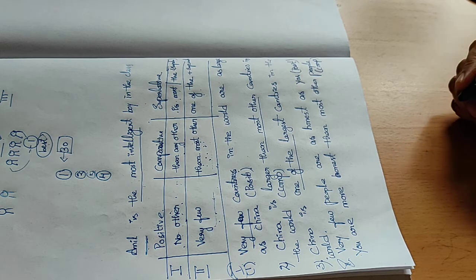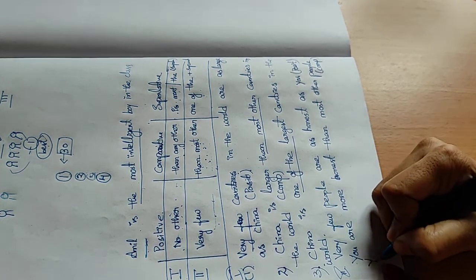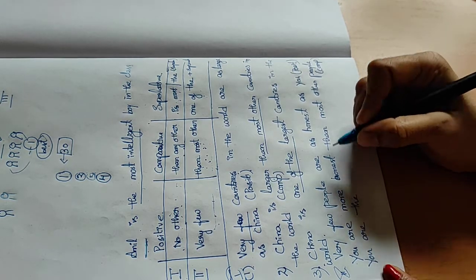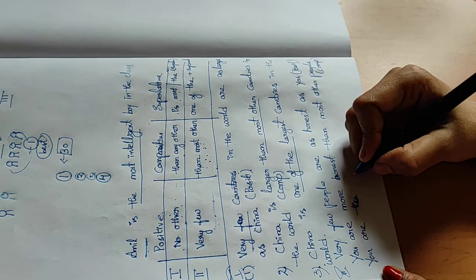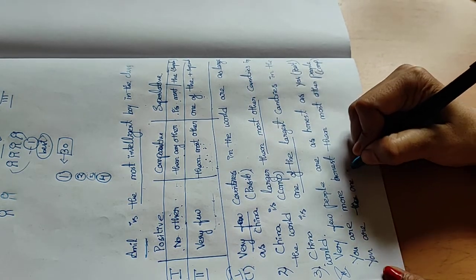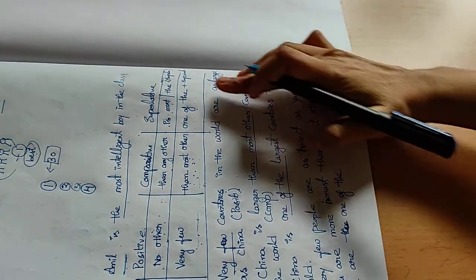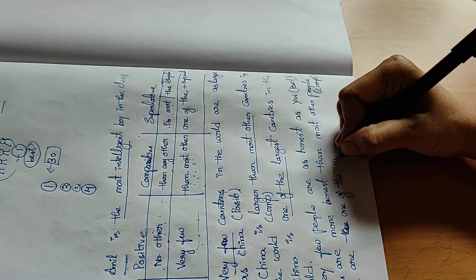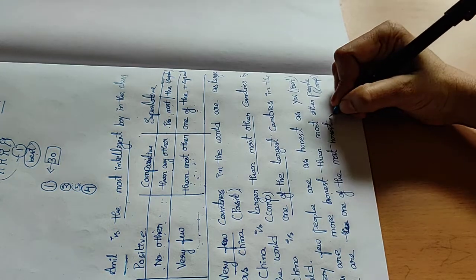And the last one, the superlative form. How to write? You are one of the, no need of the here. You are one of the most honest people.